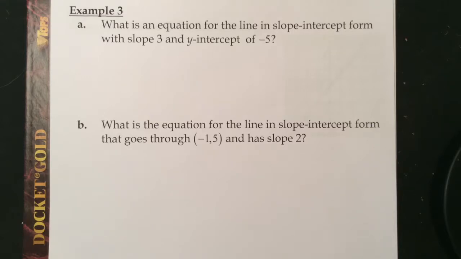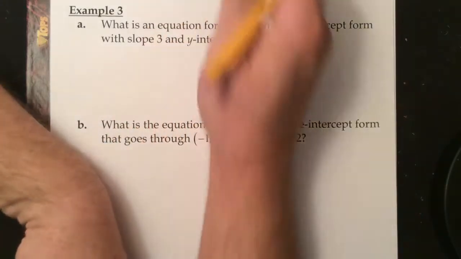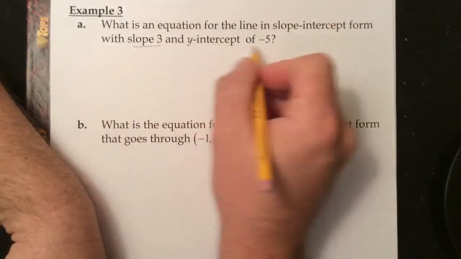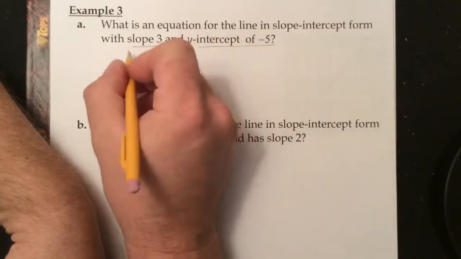Example 3. In this example, you'll learn to write the equation of a line in slope-intercept form based on limited information given about the line. Part A. What is the equation for a line in slope-intercept form with slope 3 and the y-intercept of -5? This one's pretty straightforward. We've got the slope and we've got the y-intercept directly.